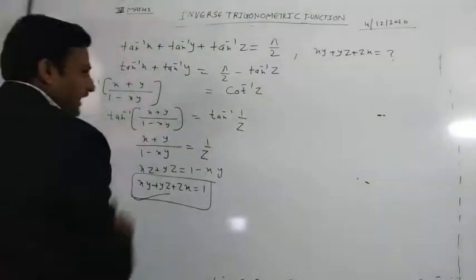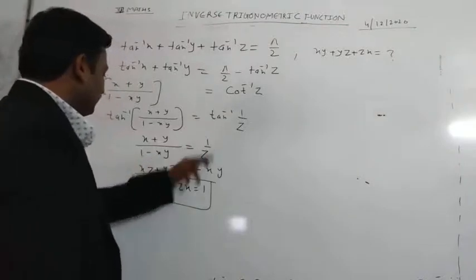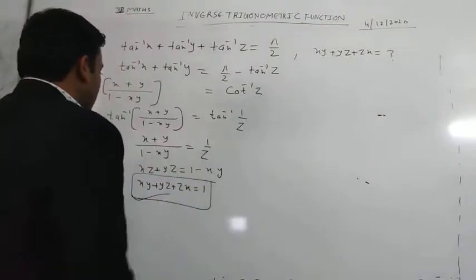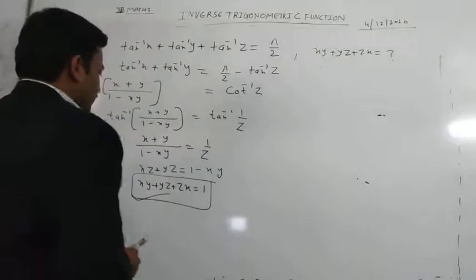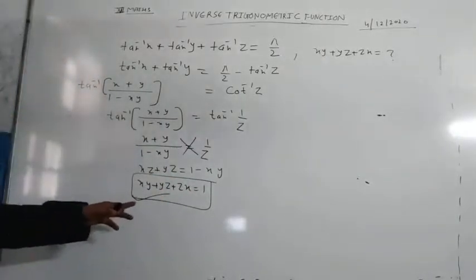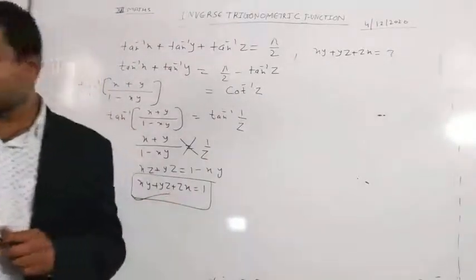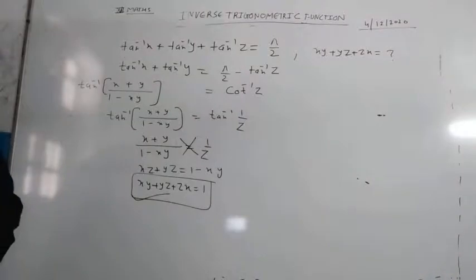So tan and tan will reduce. So (x plus y) by (1 minus xy) is equal to 1 by z, and now we will do cross multiplication, and from here we will get our result, which is xy plus yz plus zx is equal to 1. Now we will see the next question.